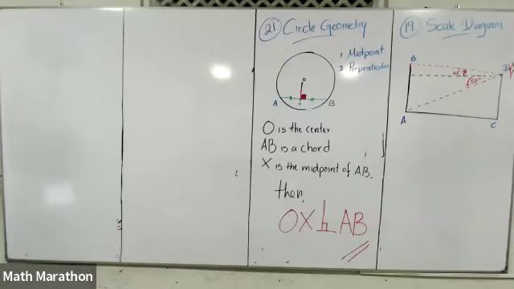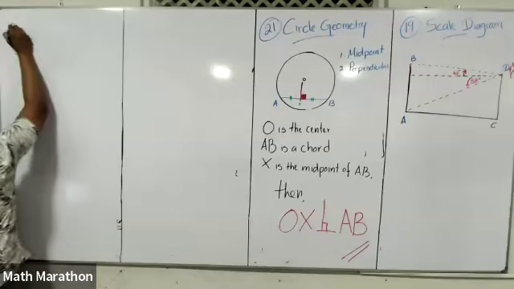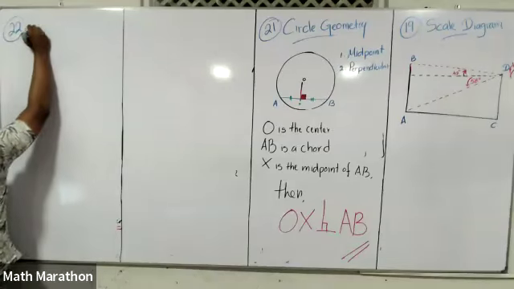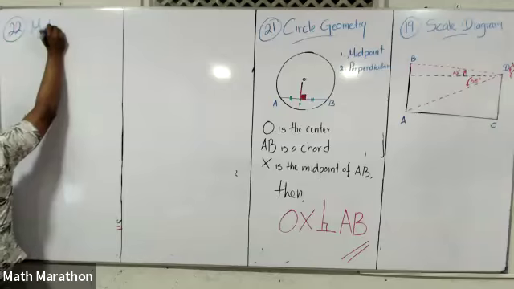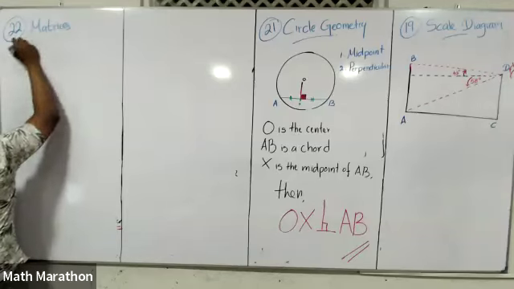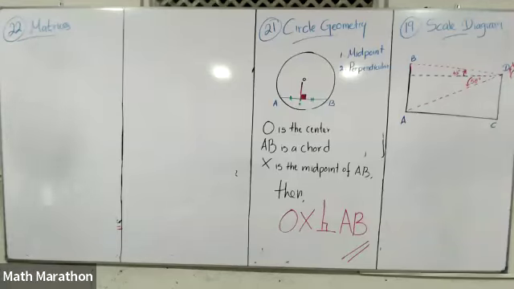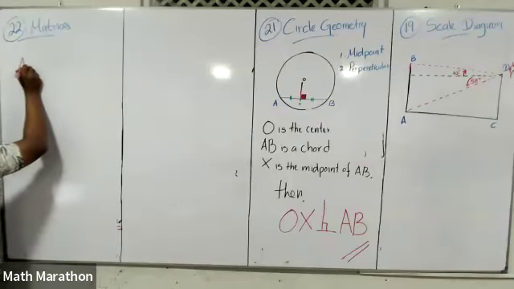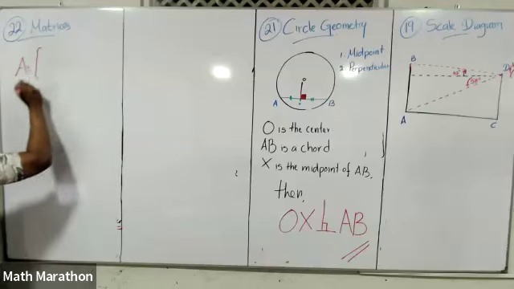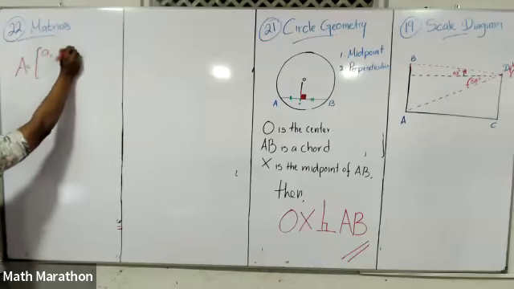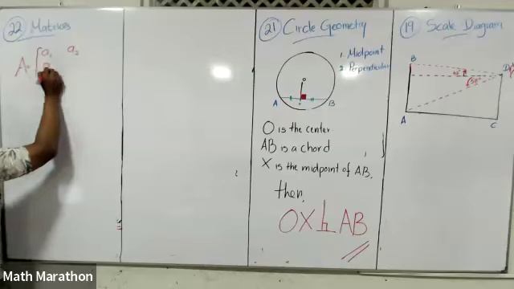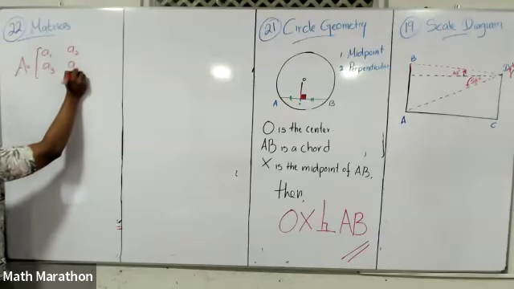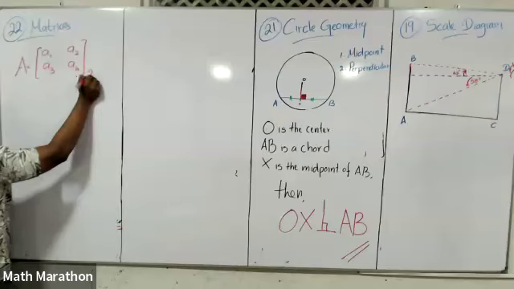The next one, matrices, 2022 matrices. A good section, but if it's too late, forget about it. That's all I would say. Set A or matrix A. Let it be A1, A2, A3, A4. This is 2 by 2.